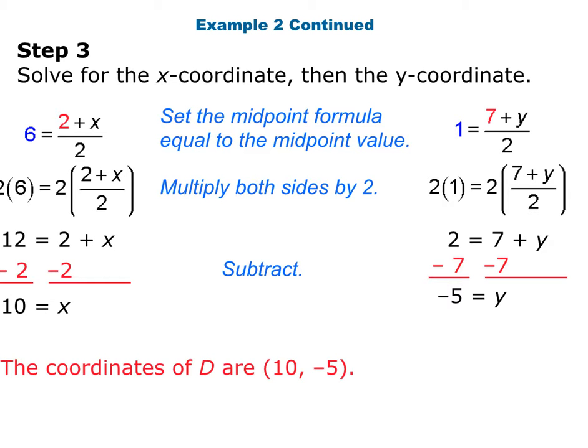Averaging the y's is supposed to give me the y of the midpoint. If I would solve these, multiply by 2 to get rid of the fraction, subtract 2, x equals 6. Are we giving the right numbers?